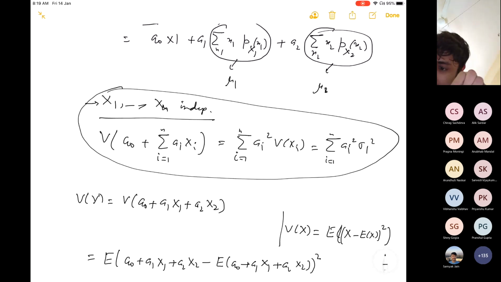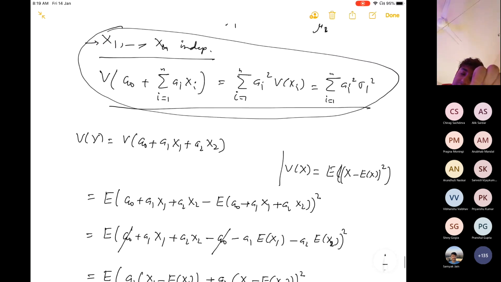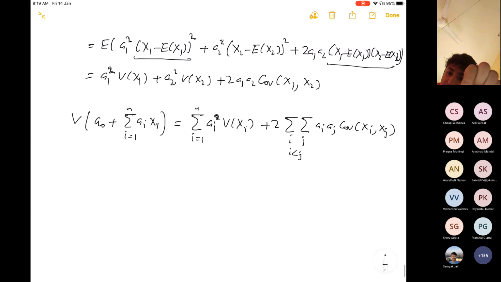So therefore, this relationship will hold: summation ai square variance of xi. If the variables are uncorrelated, uncorrelated means the covariance between them is 0, then also the covariance will be 0. They may not be independent, but if they are uncorrelated, then also the covariance is 0.